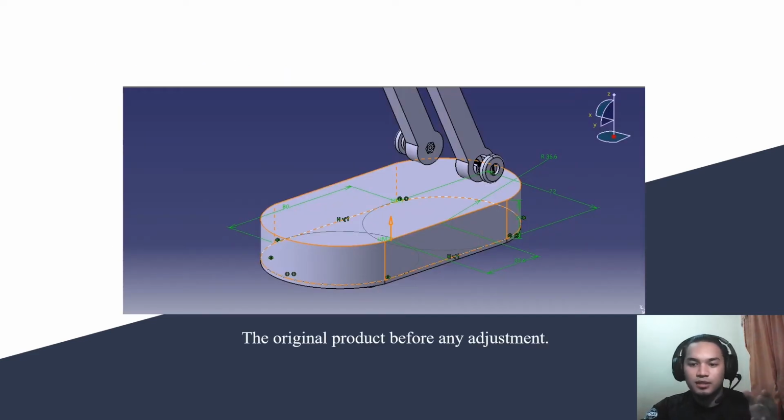So this is how our original product was before any adjustments were made. This is the base part of the table lamp. The base is the heaviest part of the table lamp, and it acts as an anchor to the table lamp so that it will not fall over to the left side or to the right side.